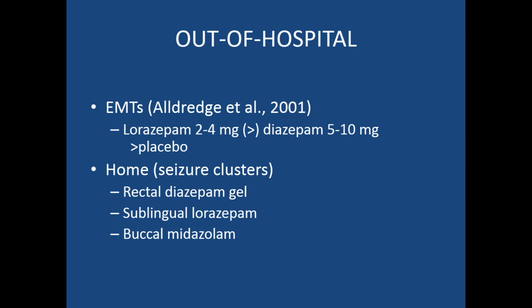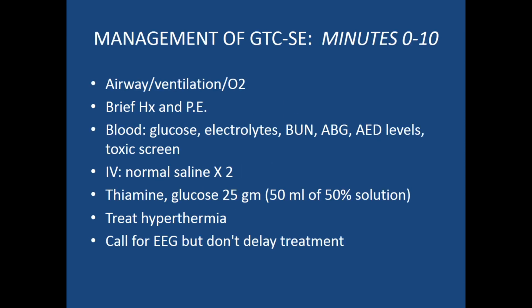For certain kids, they can have cluster type seizures where they would have a flurry of events, followed by a period of calmness and another flurry of events. They can be treated with rectal diazepam, sublingual lorazepam, or buccal midazolam.